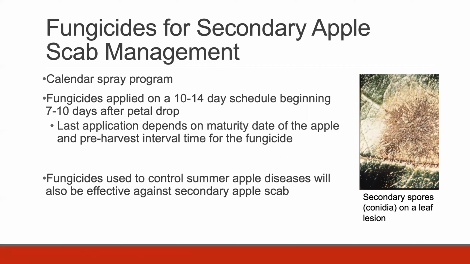Fungicides applied for secondary apple scab begin approximately 7 to 10 days after petal drop and continue until harvest. The last fungicide application will depend on the maturity date of the apple variety and the pre-harvest interval of the fungicide. There are many effective fungicides that are registered for apple, and many of the fungicides that are used to control summer apple fruit diseases are also effective against apple scab.